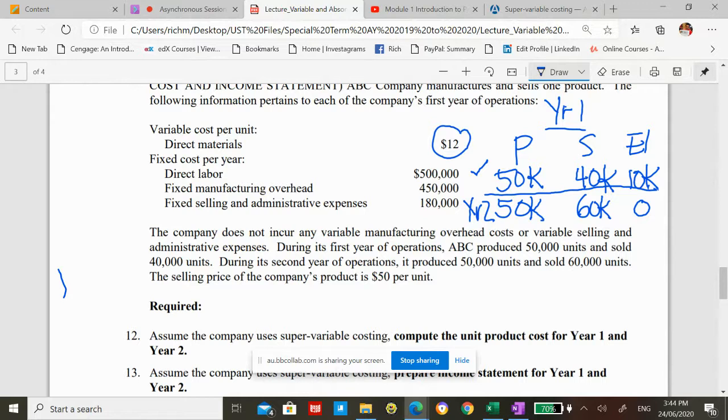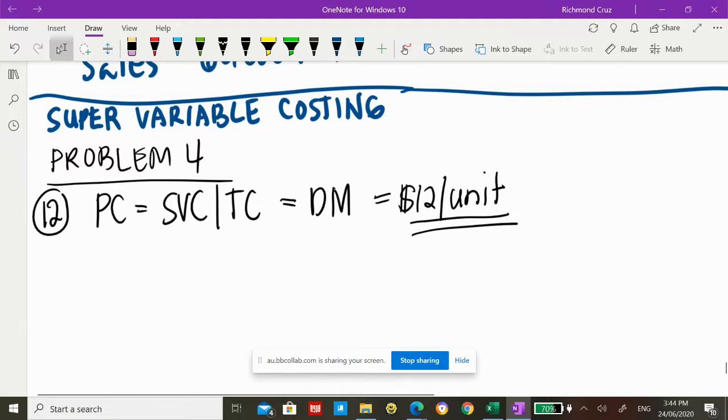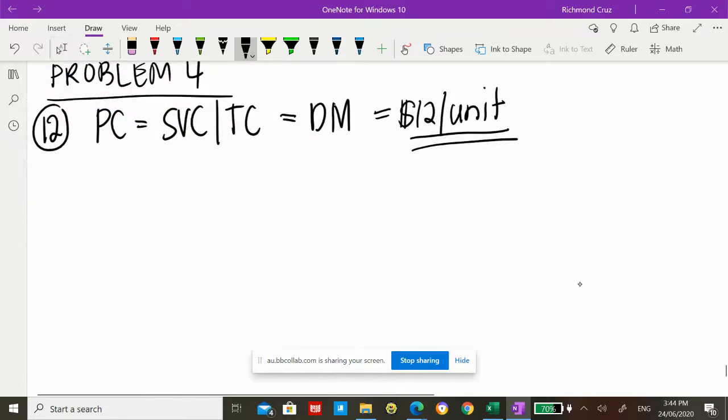So if that is the case, our answer is $12 per unit. This is the same for year one and year two.